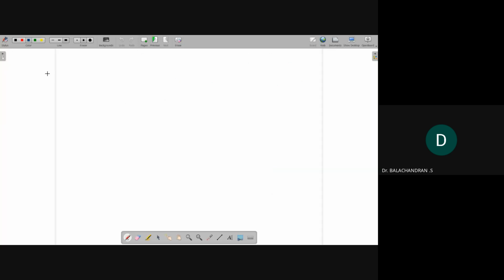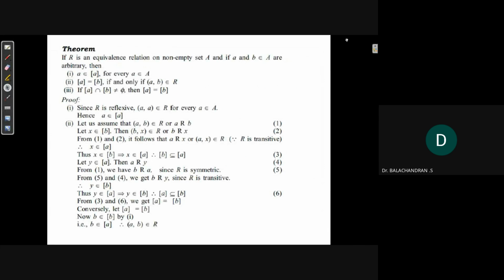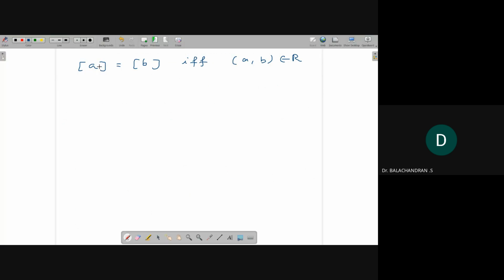Equivalence class of A equals equivalence class of B if and only if (A, B) is in R. First I will prove the easier part, and then I'll go to the next part.